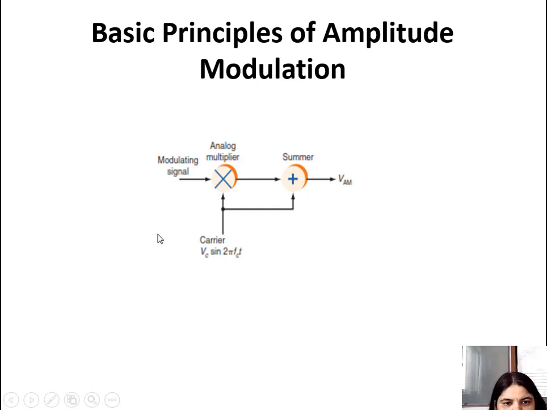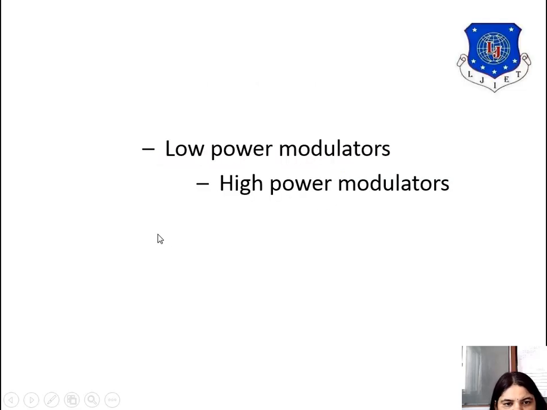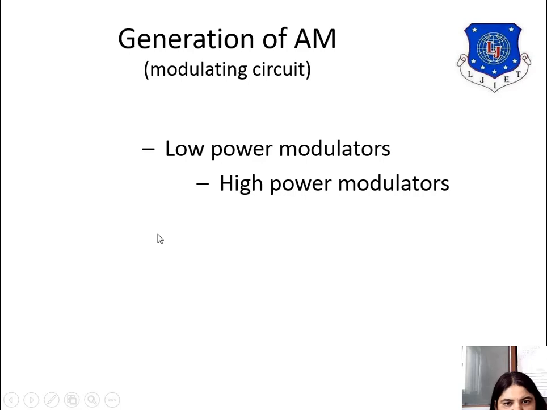Now the circuitry that we need to learn: the generation of the AM wave is of two types, low power modulator and high power modulator. According to the power level, it is divided into two parts. The low power level modulator works on low power and the high power modulator works on high power.